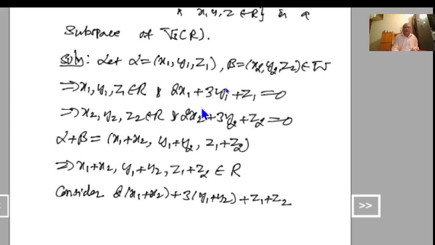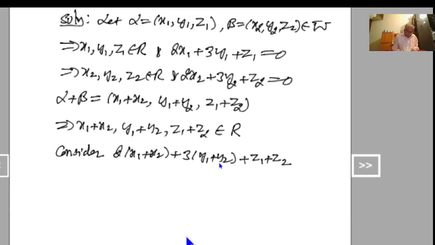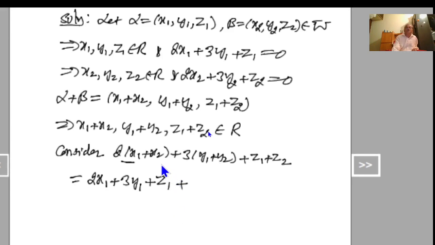I'll write this as 2x1 plus 3y1 plus z1, that is suffix one side, plus next write the elements with suffix 2: 2x2 plus 3y2 plus z2.